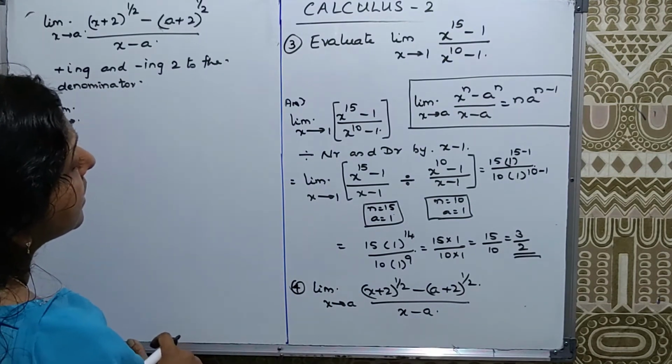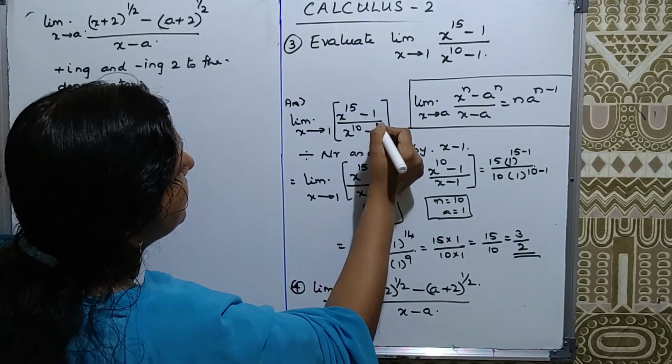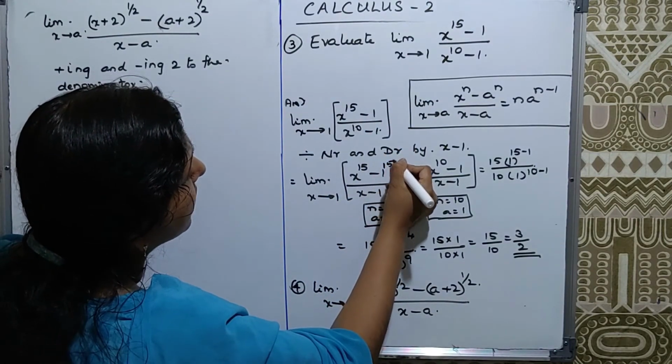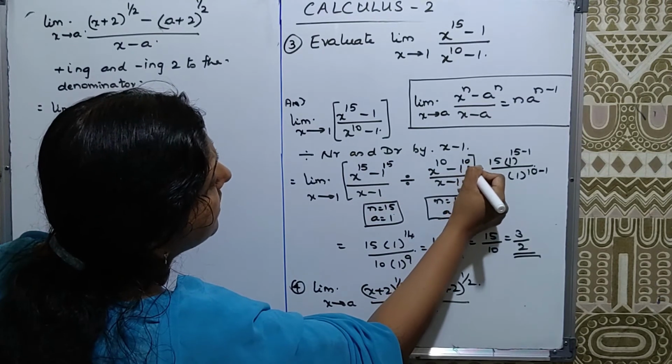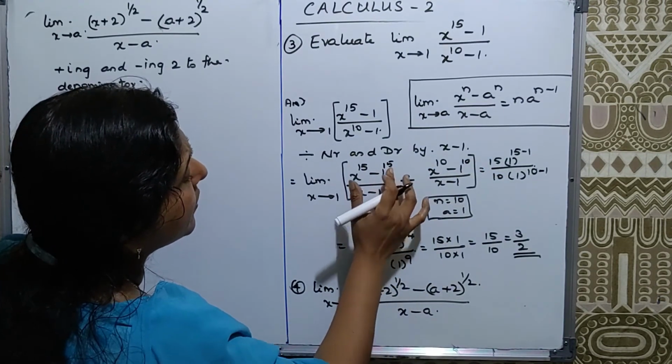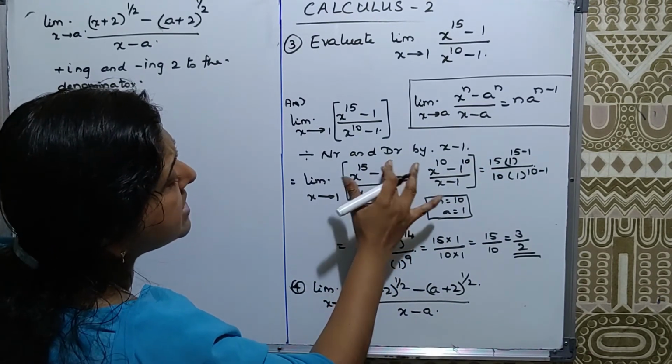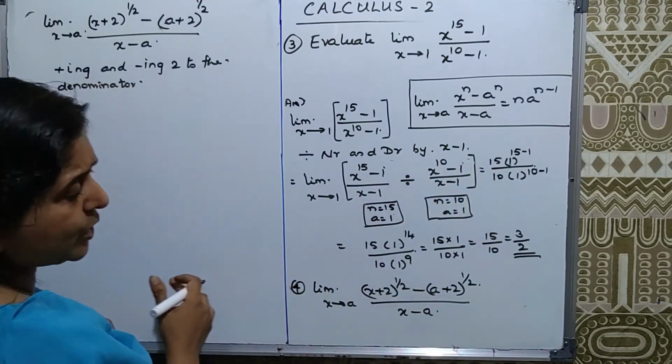In this case also 1 you can write as 1 raised to 15, here also 1 raised to 10. But 1 raised to 15 or 1 raised to 10 will be the same number only, so that is why we are not specifying.